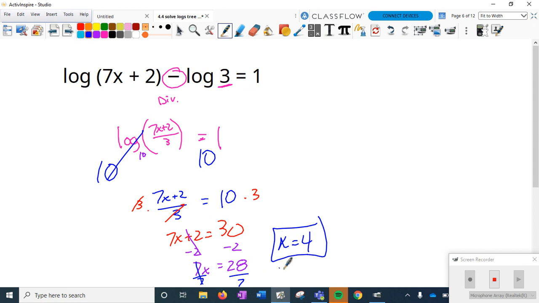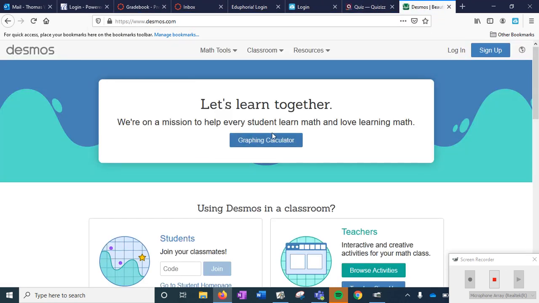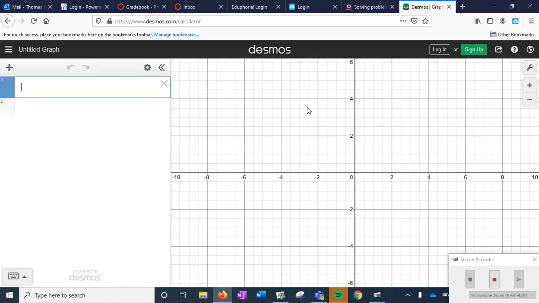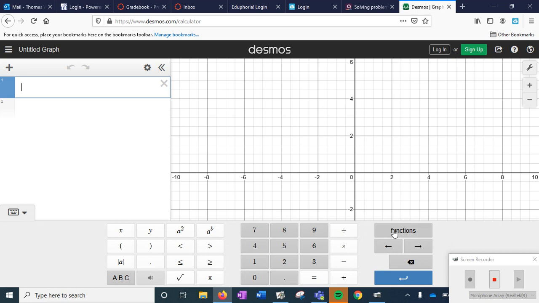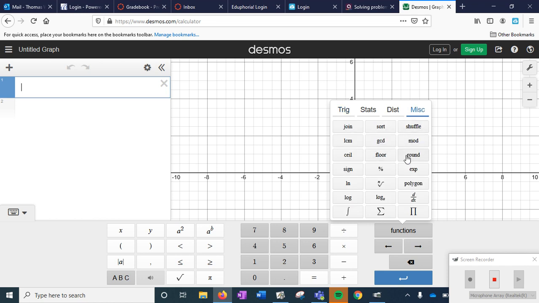All right, I do want to show you with Desmos real quick how to get logs in Desmos, okay? Just to show you that real quick, because I realized I didn't show you all in the video of the last one. If you go to functions in Desmos, and go to miscellaneous, we've gone here before, and right down here is your log base.